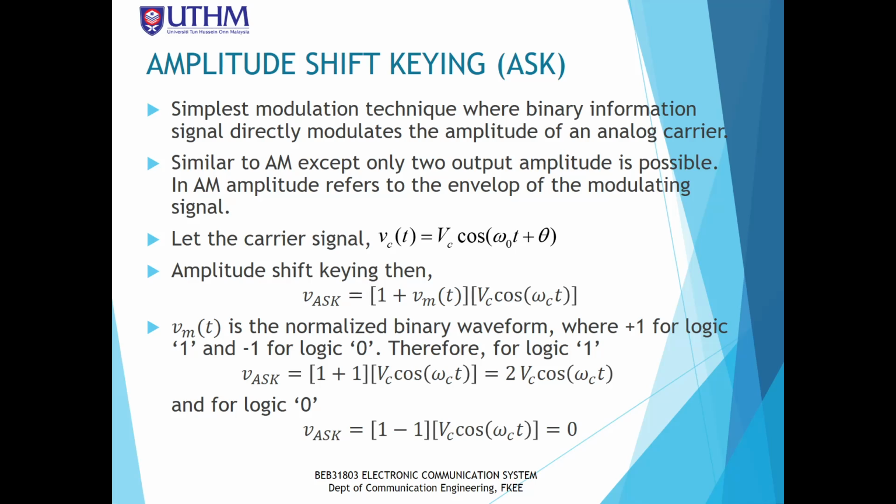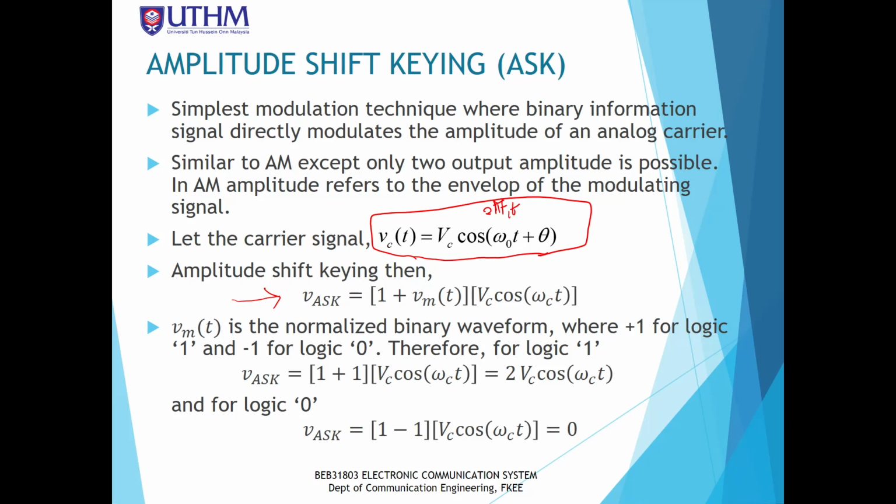Okay, so perhatikan di sini, the carrier signal is this one, VC cos omega 0t plus theta. Okay, omega 0 ni adalah 2 pi fc t.